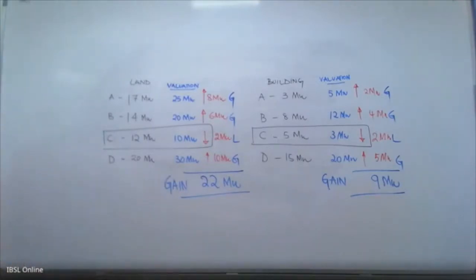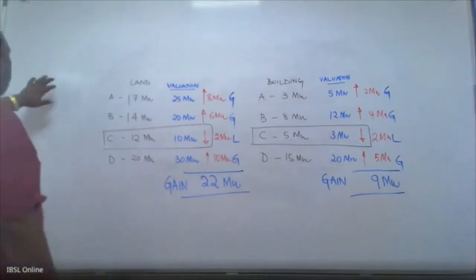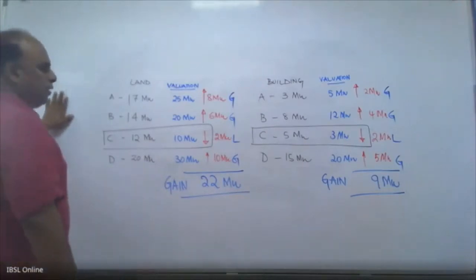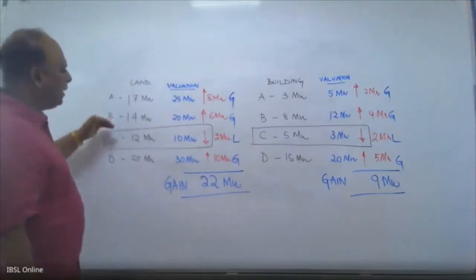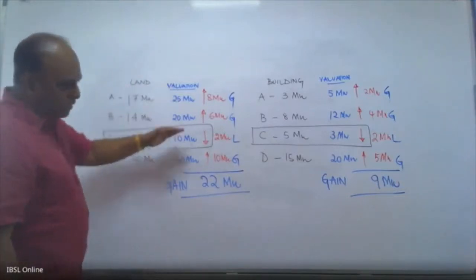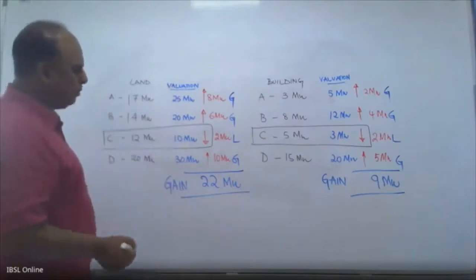So what you can do is pass a journal entry to this effect. If you are looking at these buildings individually, you have to pass journal entries individually. But let's look at the total.